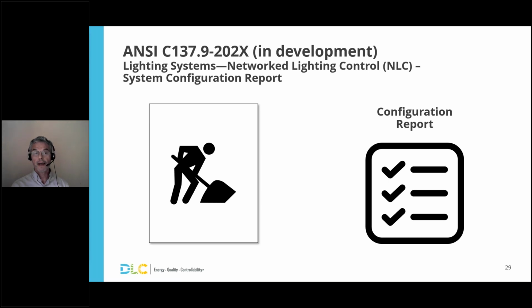The report will be exportable to a common data format. This configuration report will go hand in hand with the time-stamped interval data in the energy report to give an efficiency program a concise but comprehensive overview of the energy-saving performance of each NLC installation.